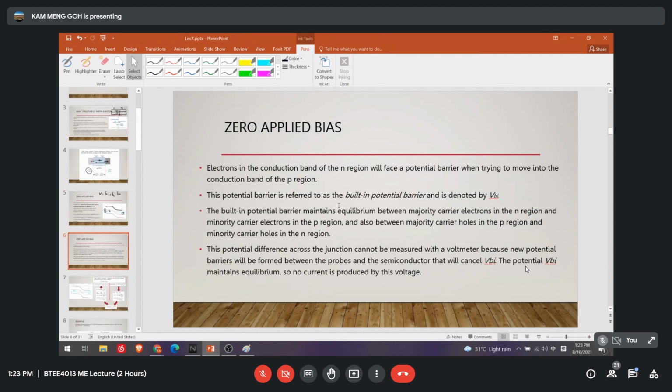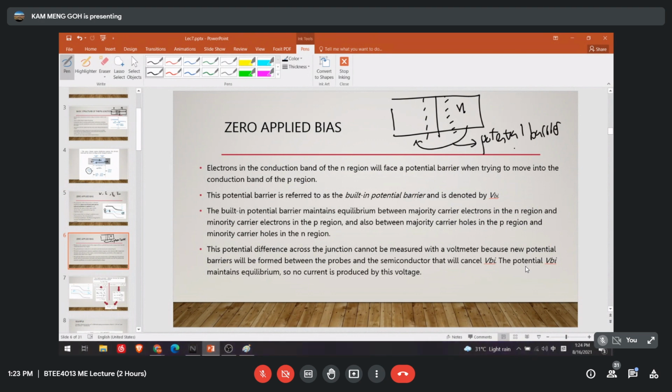Electrons in the conduction band of the N region will face the potential barrier, which means that electrons from the N, when trying to move here, will have a potential barrier. What is the potential barrier about? This potential barrier is to not let too many electrons fall from here to there. This potential barrier, we also denote as VBI, which is a potential energy.